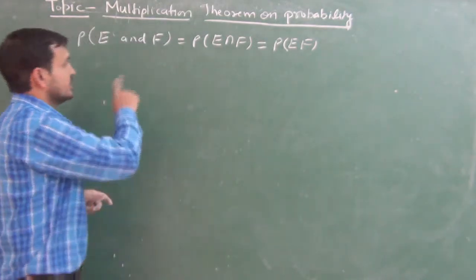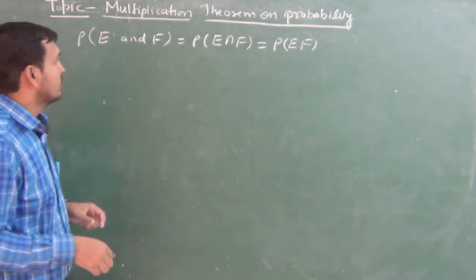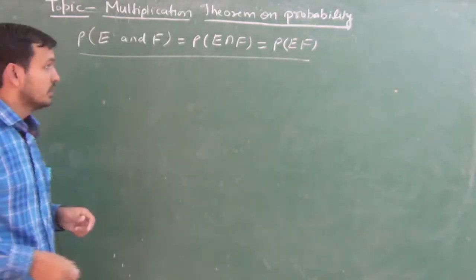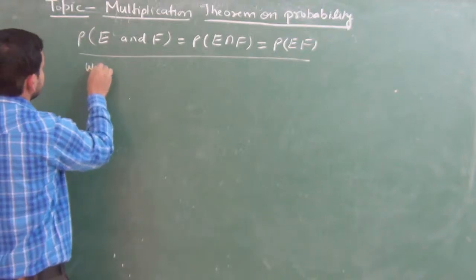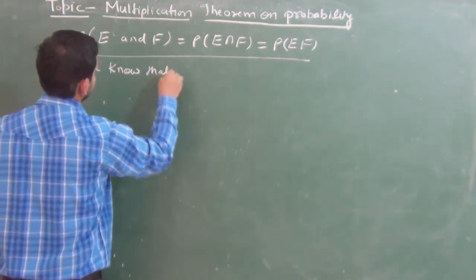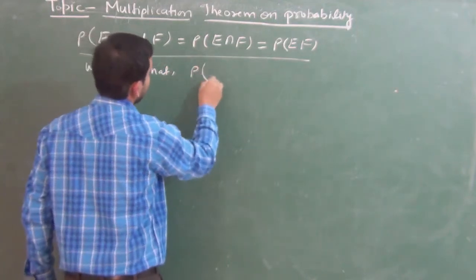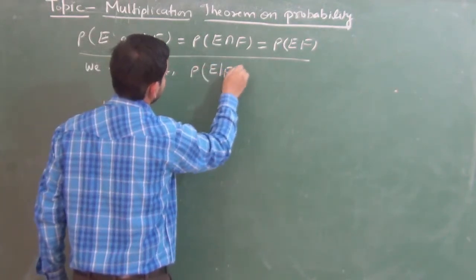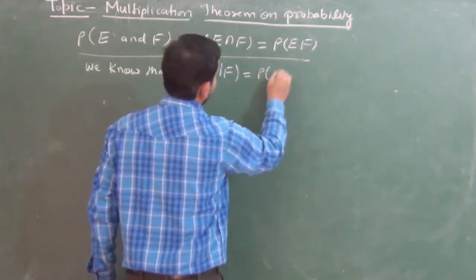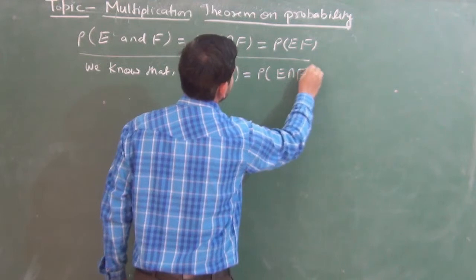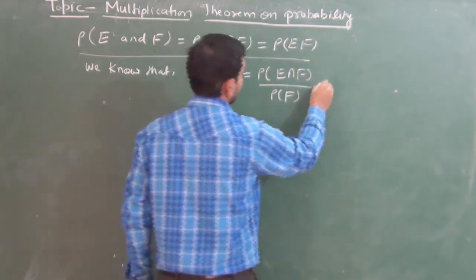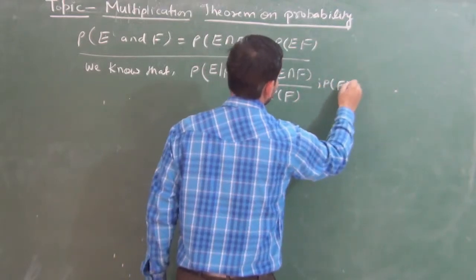So in such cases, we have to use our previous result of conditional probability. We know that probability of E conditional F is equal to probability of E intersection F upon probability of F, provided probability of F is not equal to 0.